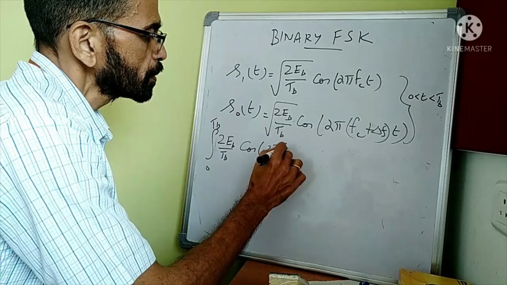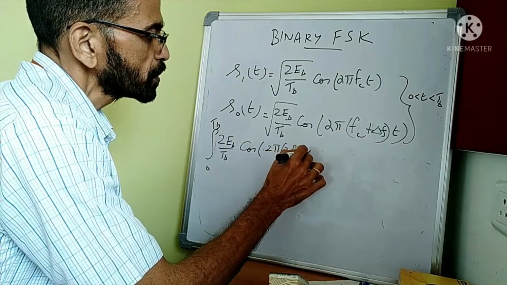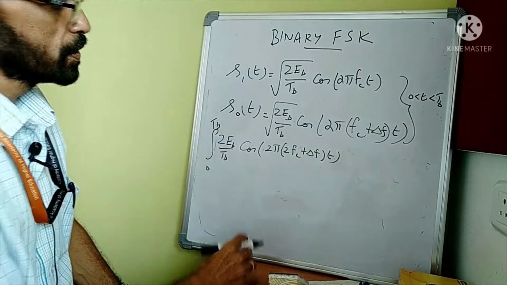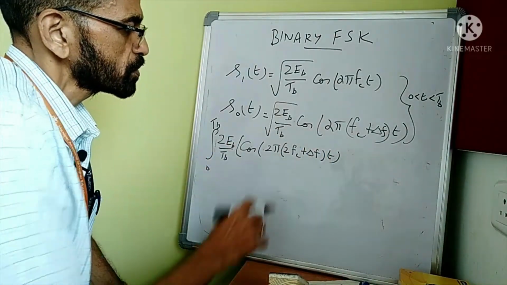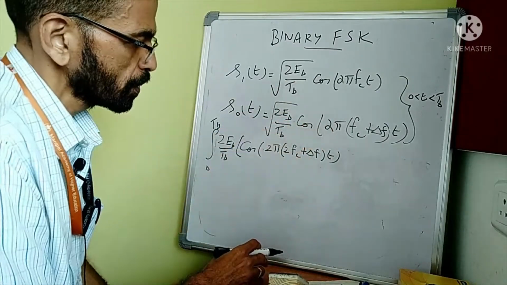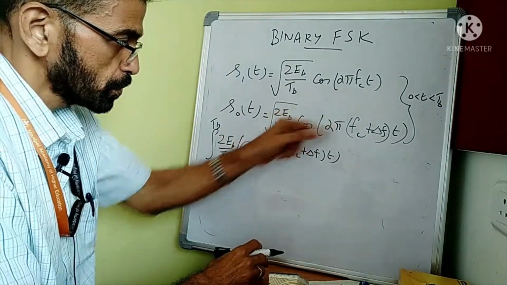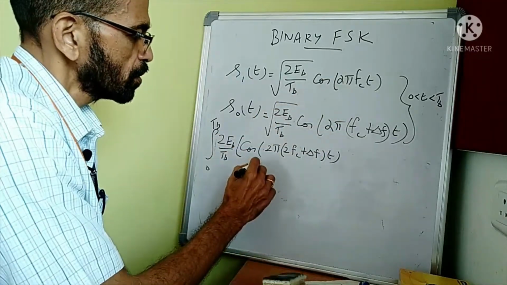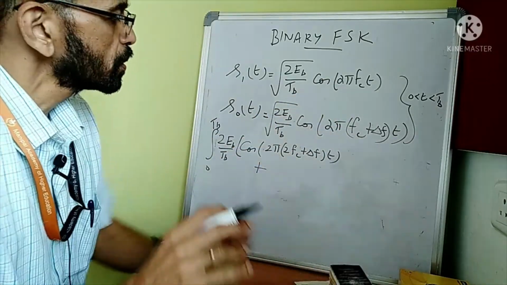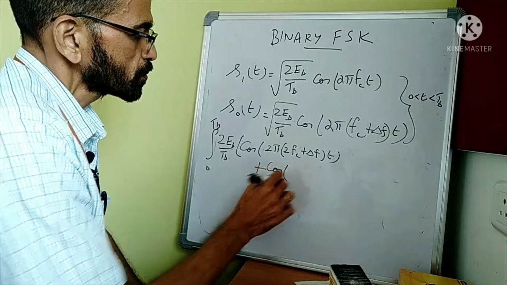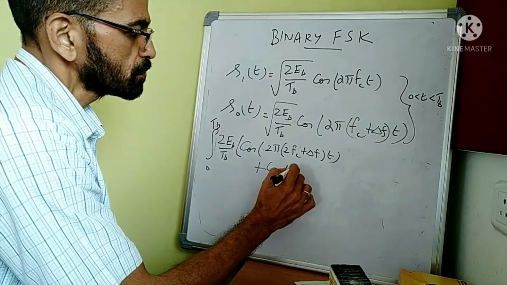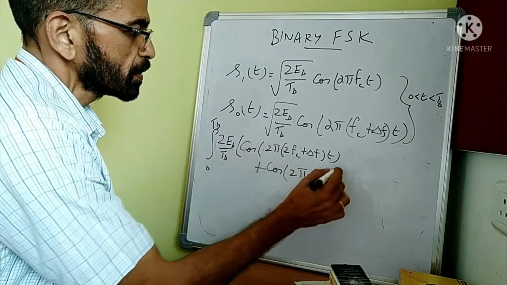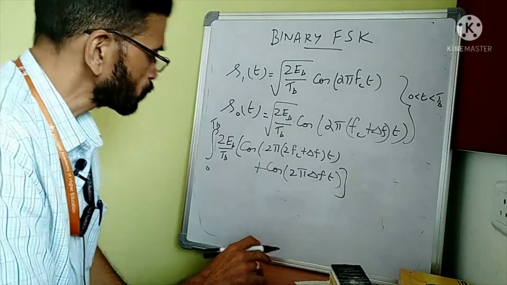2 pi 2fc plus delta ft, one of the terms. This will be the cos of the sum of the two arguments of cos, plus cos of the difference, which will be 2 pi delta ft, and the whole will be divided by 2.